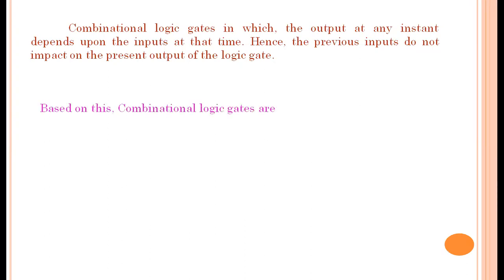Examples of combinational logic gates are OR gate, AND gate, NOT gate, NOR gate, NAND gate, exclusive OR gate, and exclusive NOR gate. These logic gates have different properties and different applications in the hardware of computers and memory cards.